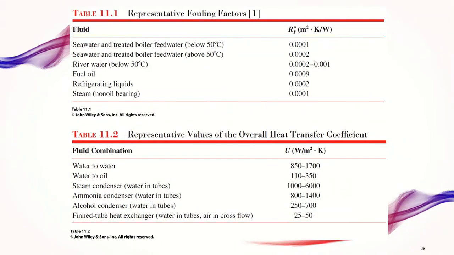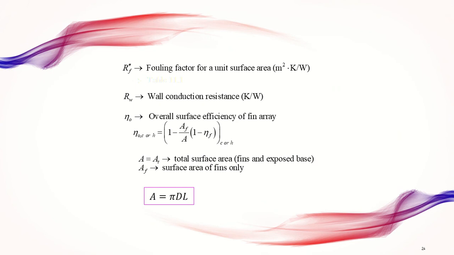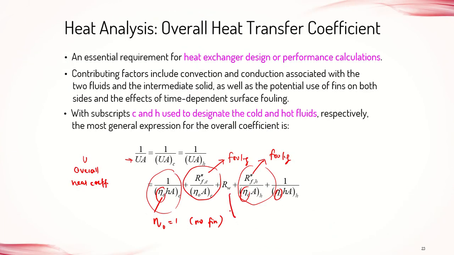We have two tables here: the first one is only for the fouling factors, and the second one is the overall heat transfer coefficient, U. In an examination or a question, usually U is given, or you need to get the value of U from the situation or conditions given. R_W is the wall conduction resistance.